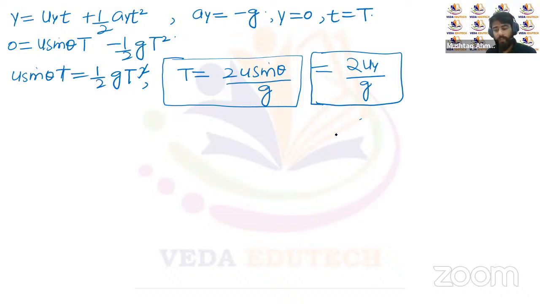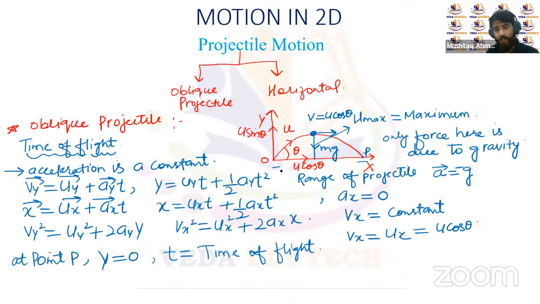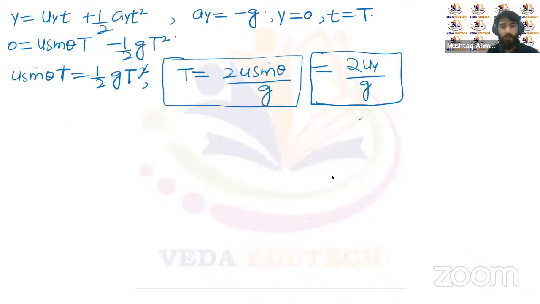And that maximum horizontal distance, we can see here, is the maximum horizontal distance traveled by this projectile during this time of flight, what we call the range of the projectile, right? At that time, the time will be equal to the time of flight.